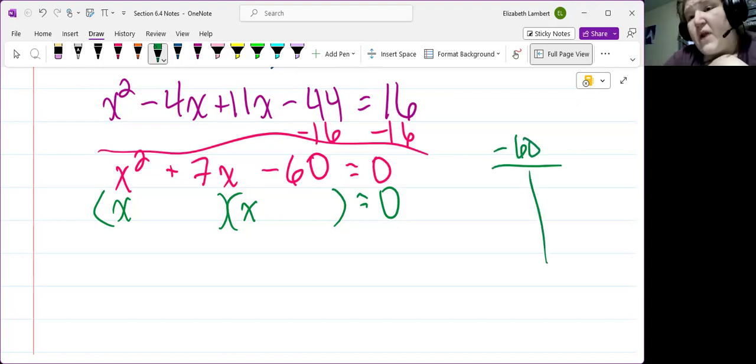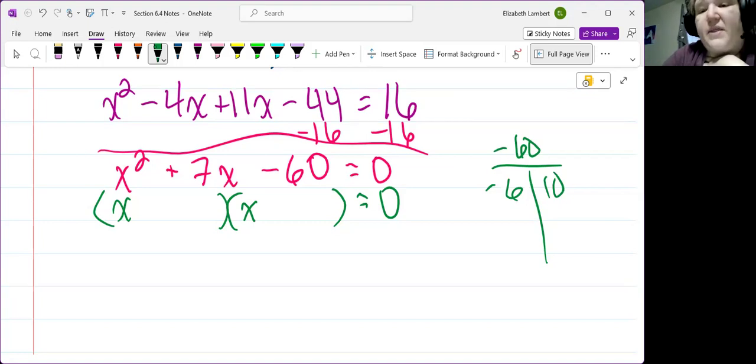So anytime a number ends in 0, my brain automatically goes to like 6 and 10. It's negative 60, so I need to make the smaller one negative, so it adds to a positive. This adds to 4. So that means these two are too close together. So I don't want to try like 7 or 8. I want to go smaller than 6.